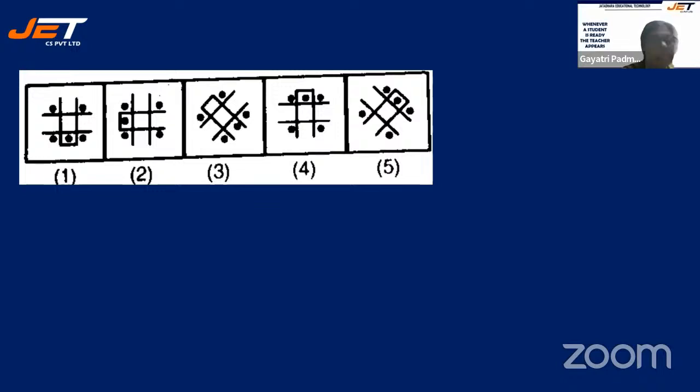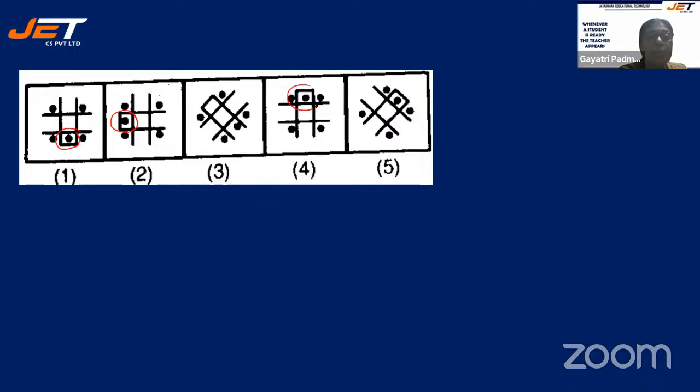So your 30 seconds. This deserves 30 seconds, frankly. Option 1, 2, 3, and 4. Okay, let me just say, see, if you observe very keenly, in the closed figure, you have a highlighted dot. In the closed figure, you have a highlighted dot.